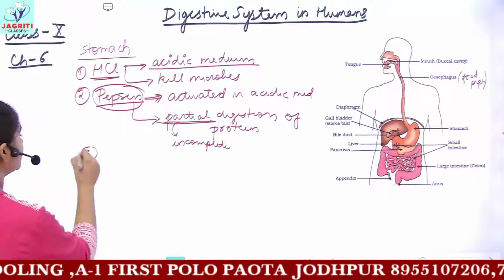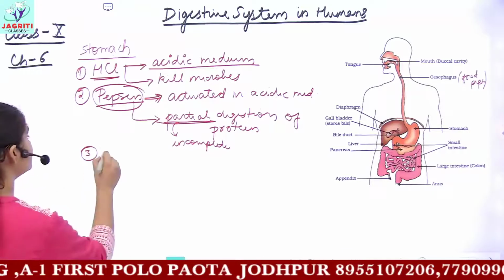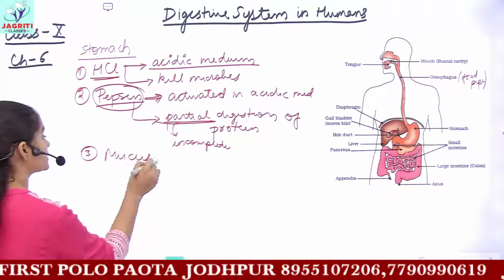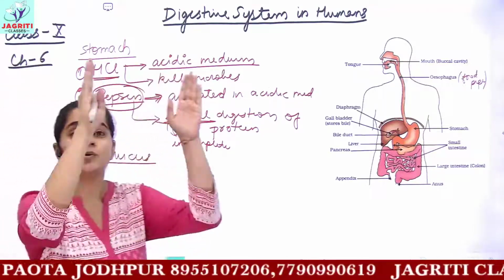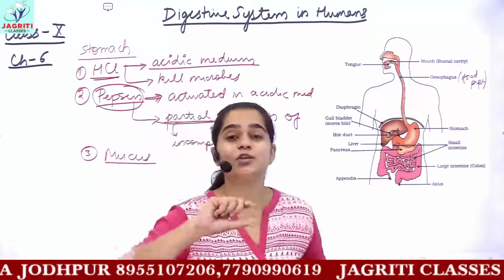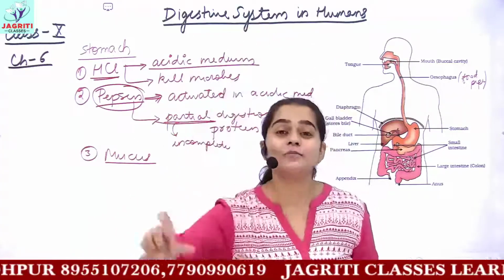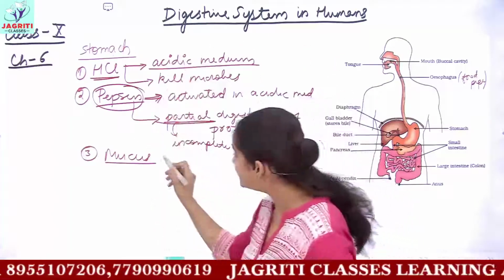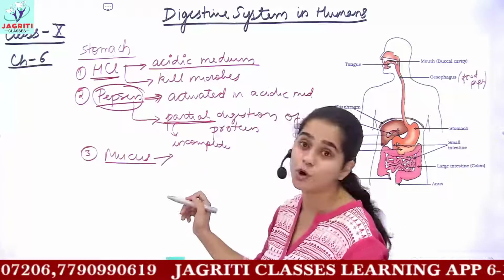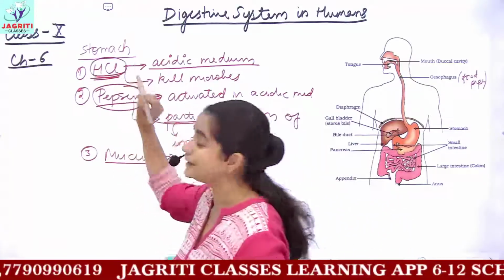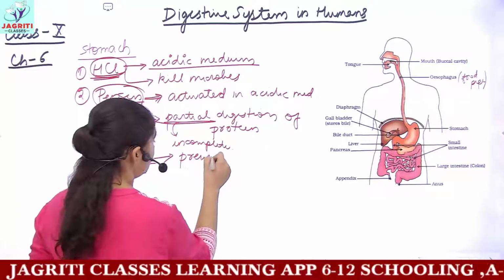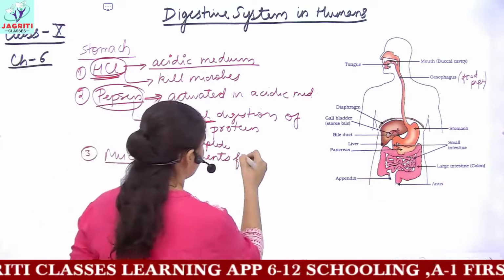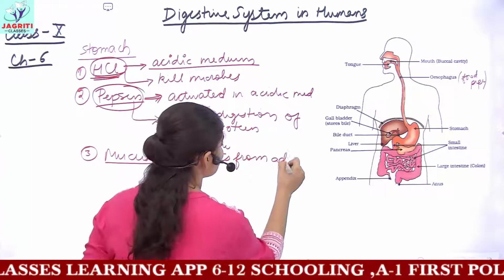And next, a third important feature of the stomach is the presence of mucus. This mucus is a sticky fluid which is present along the walls, that is, you have a mucus layer along the boundary of the stomach, and this mucus prevents your stomach walls from getting injured by this HCl. So mucus prevents the stomach from adverse effects of acid.